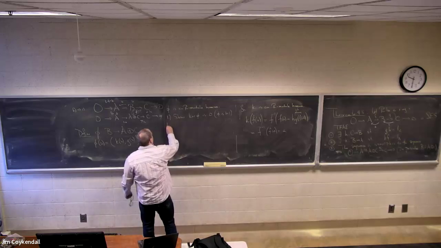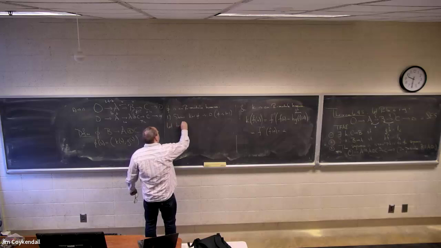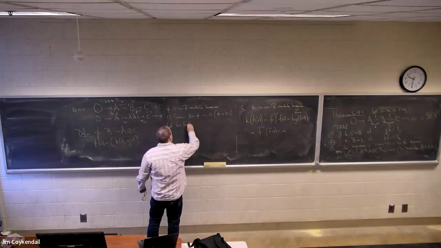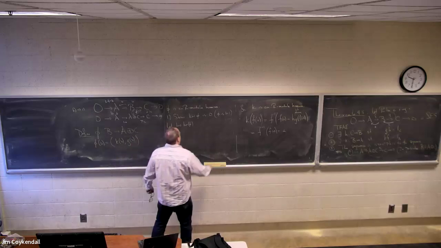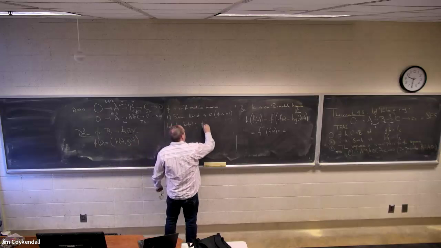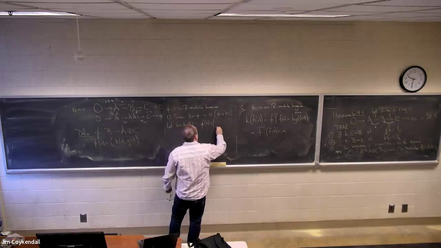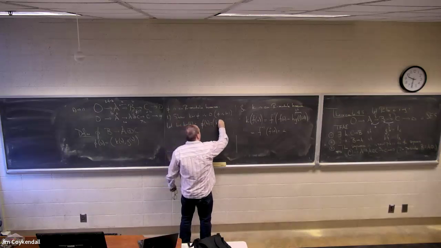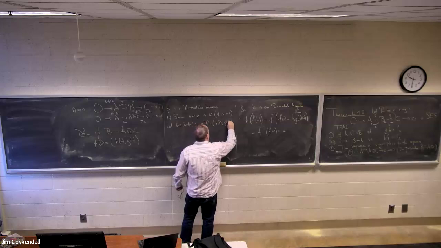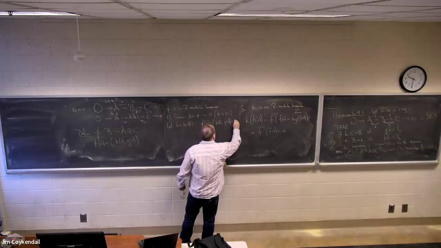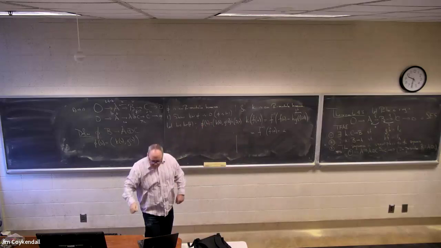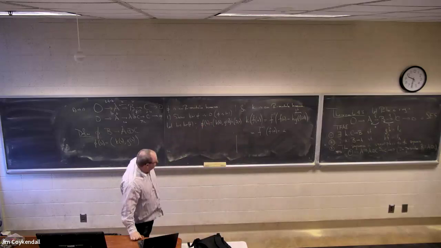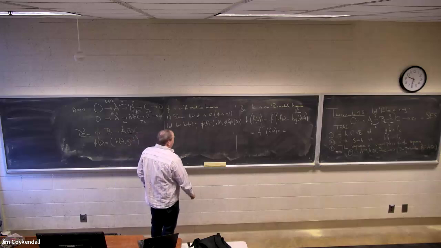So let B be kernel phi. So B is KB GP, which is 0. So in particular, I have KB as 0 separately.